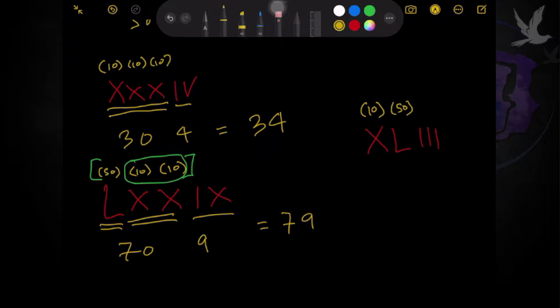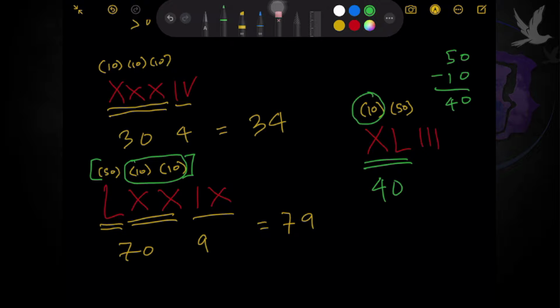So, if you notice that this 10 right now appeared before 50, which means you should not add it to 50 but instead subtract it from 50. So that becomes 50 minus 10. 50 minus 10 will give you 40, which means this XL represents 40.